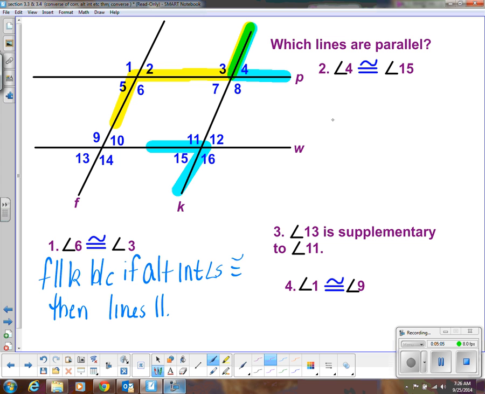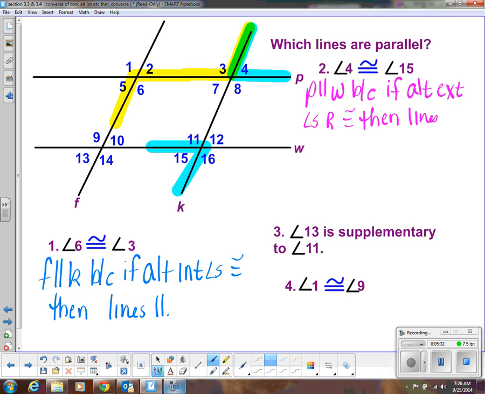So you're going to say P is parallel to W because, what's our reason? Jeff, you want to give us our reason? So if alternate exterior angles are congruent, then lines are parallel.